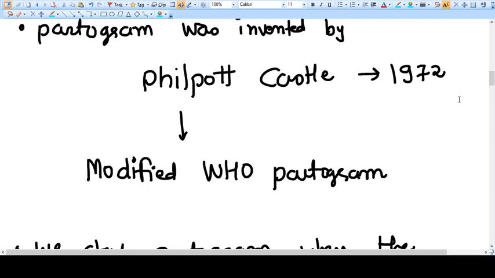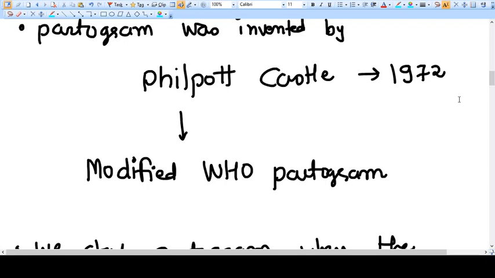What is the need of partogram? The need is very much at the level where all medical facilities are not available: small setups, setups in rural areas or very distant areas, clinical setups or maternity homes. There we need partogram.